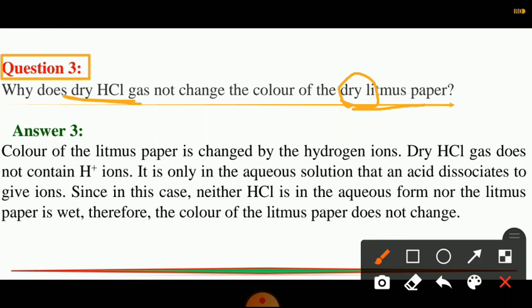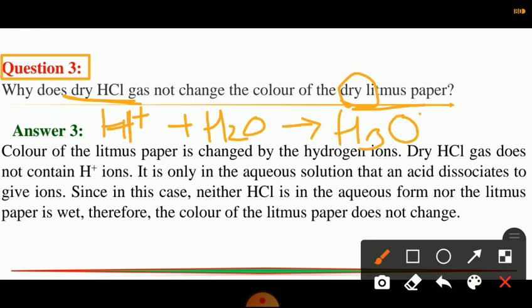And we have also studied that acids dissociate and produce the H positive ion, and this H positive ion can show the acidic character when it combines with water molecule and forms H3O positive ion, or we can say hydronium ion. Then only it is able to show the acidic character.